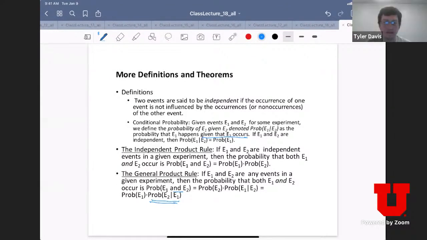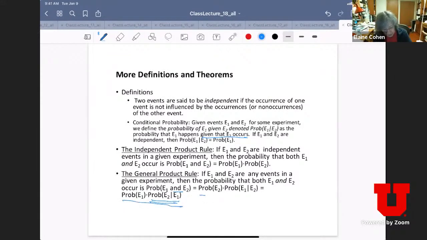Or note that if E2 is given, so it all depends how you phrase it. This is kind of cool stuff, mind you.